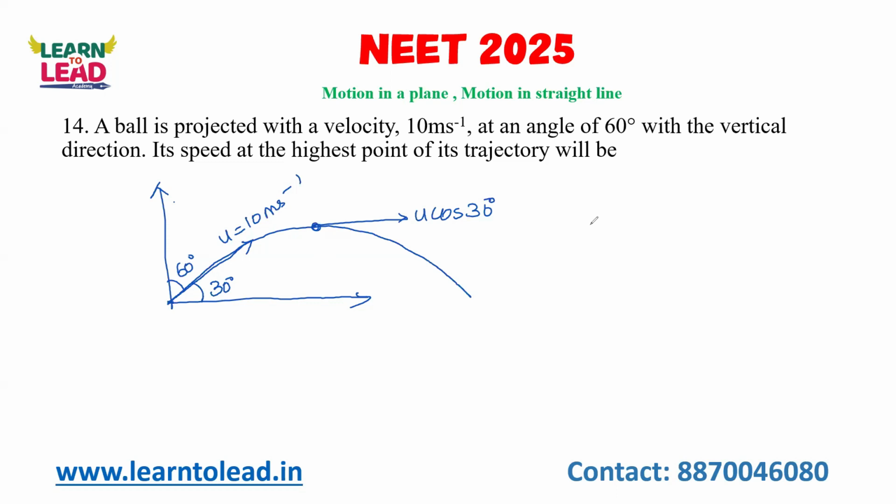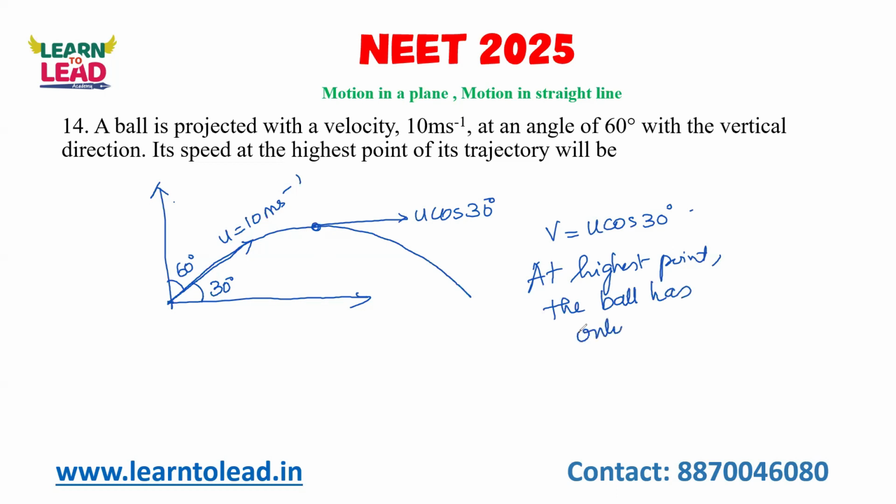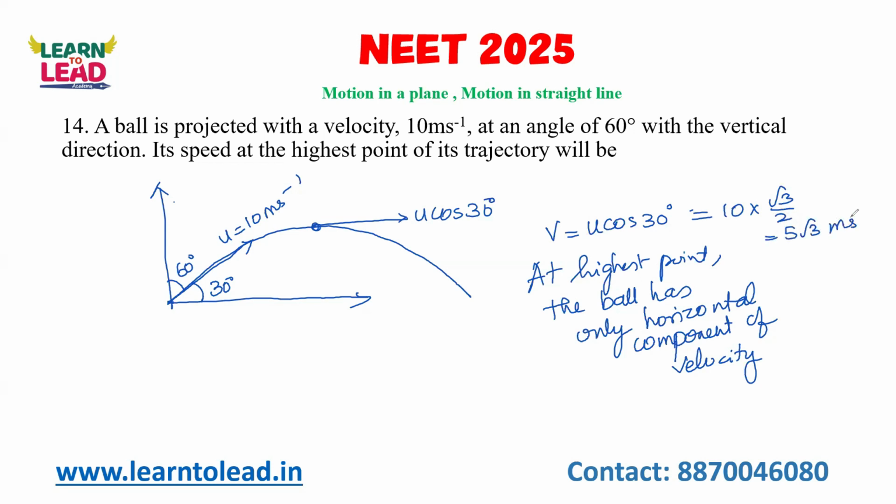So you should note one concept. At the highest point, the ball has only the horizontal component of velocity. So 10 into root 3 by 2, so 5 root 3 meters per second.